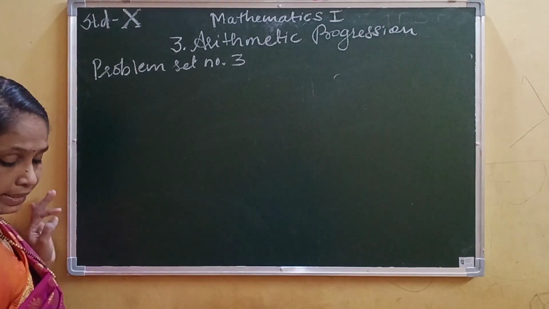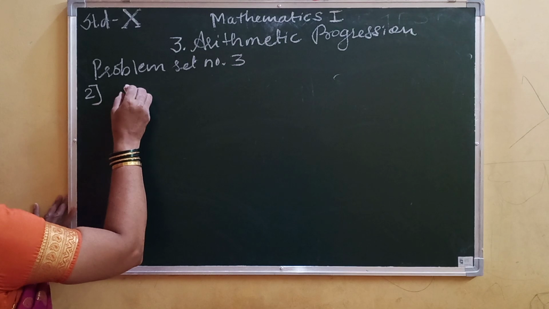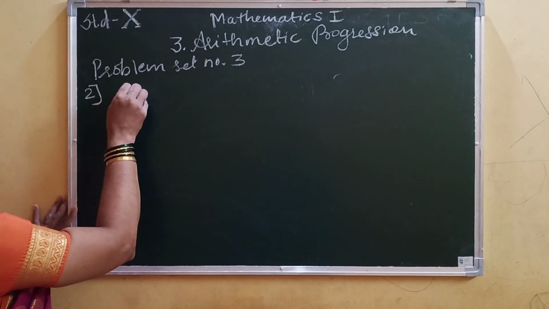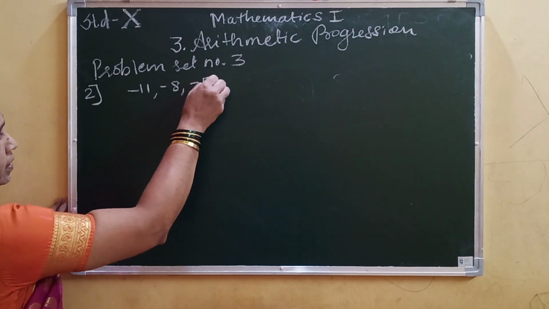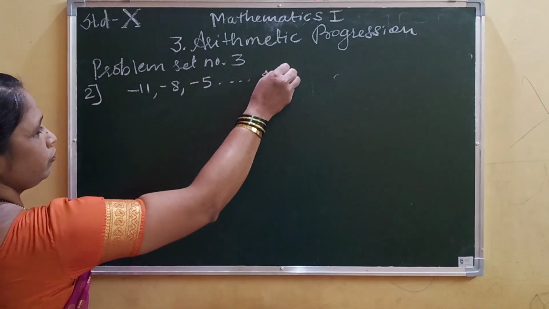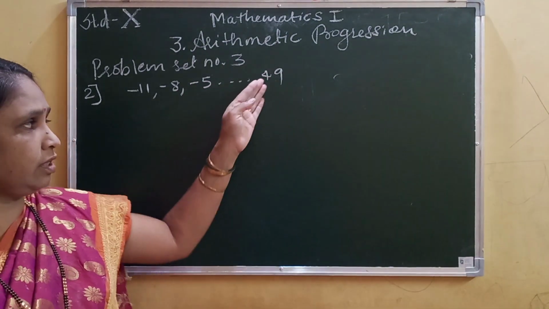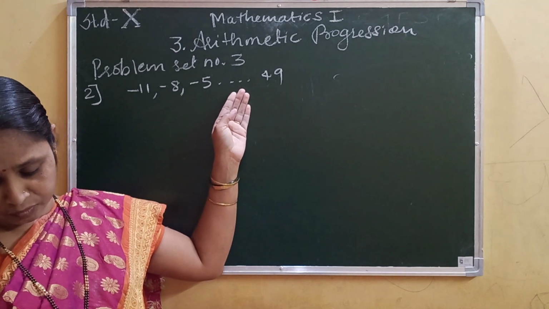Now problem set, question number two. The series is given: minus 11, minus 8, minus 5 and so on up to 49. From here you have to find the fourth term from the last.